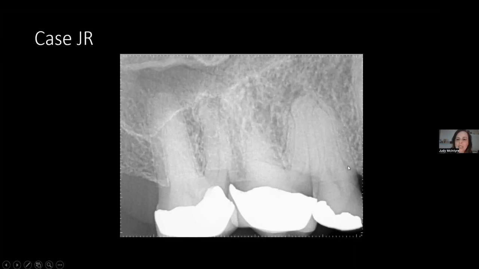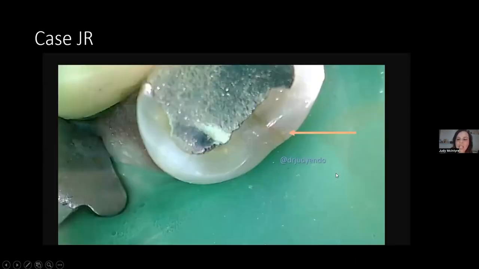But do you see this angular defect right here? Once again, this is a medium-sized restoration, but there's a mesial angular defect right here. This is probably a crack. And sure enough, when we looked clinically, it's not impressive for sure, but that is that craze line that's there causing that angular defect.